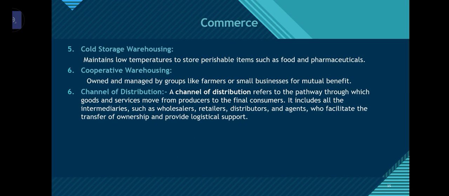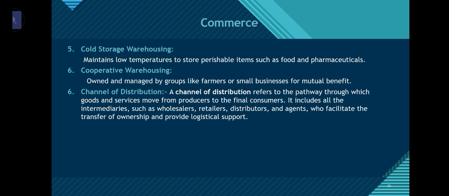The fifth one, cold warehousing, maintains a low temperature to store perishable items such as foods and pharmaceuticals. And the sixth one is cooperative warehousing, managed by groups like farmers or small businesses for mutual benefit.